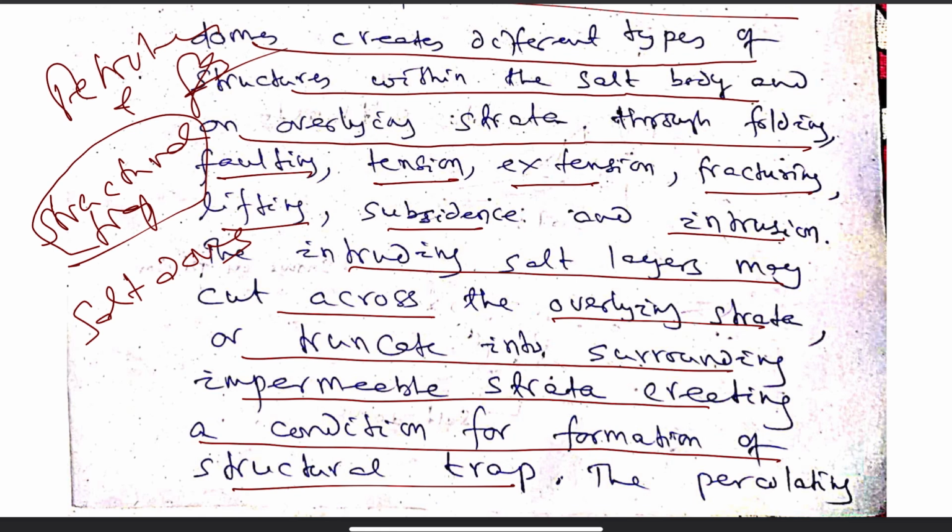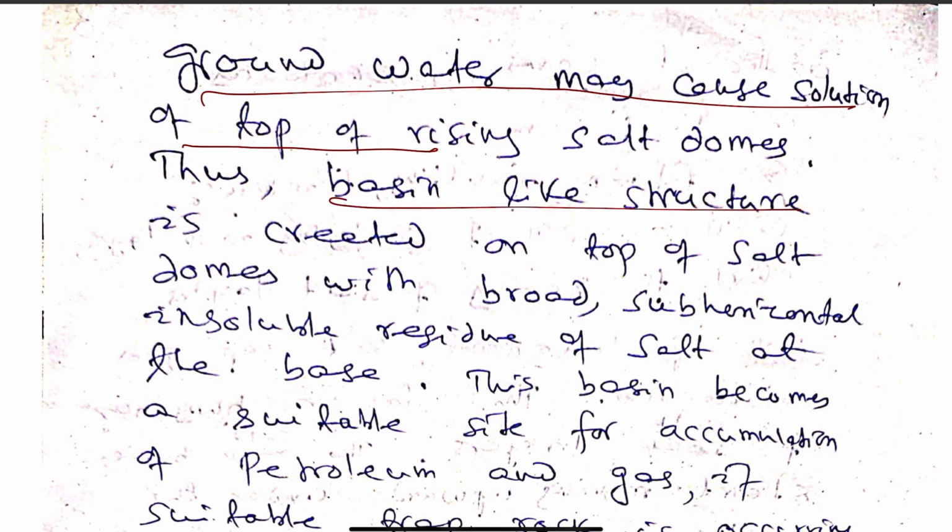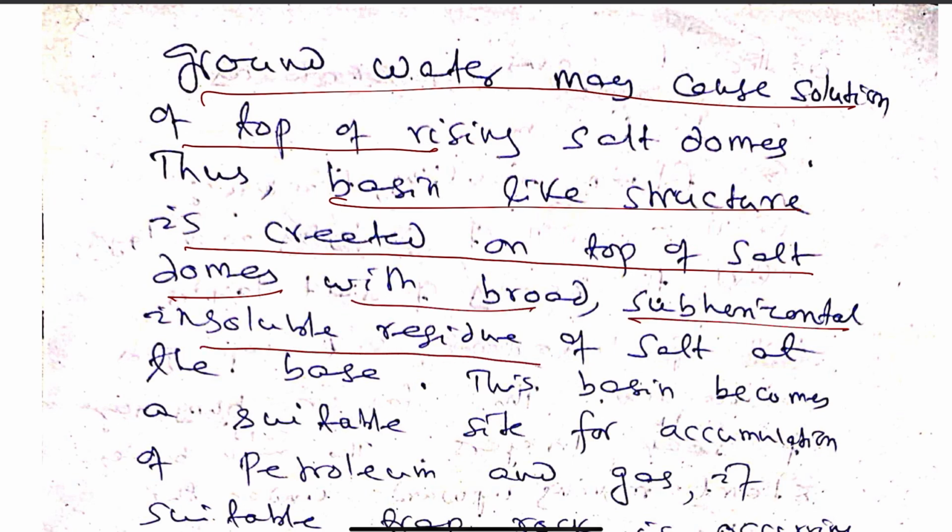So these arc-like or dome-like structures of intruding salt domes are found to be eroded by percolating groundwater, particularly at the top portion, because of which basin-like structures are created on top of the salt domes, with a broad sub-horizontal insoluble residue of salt at the base. Thus, this is a salt dome.